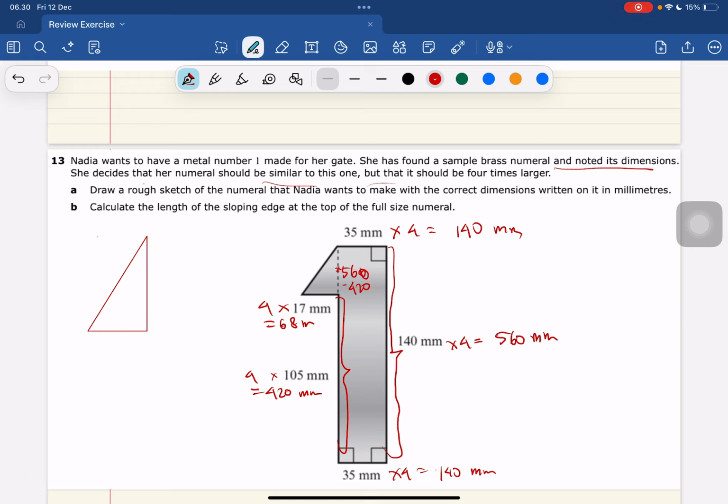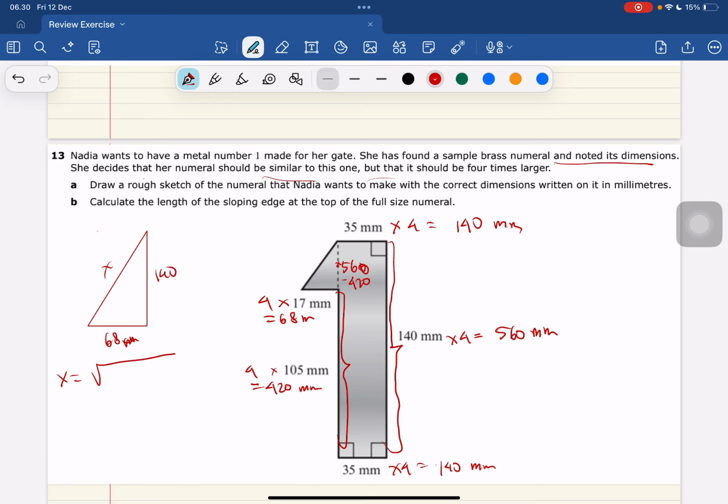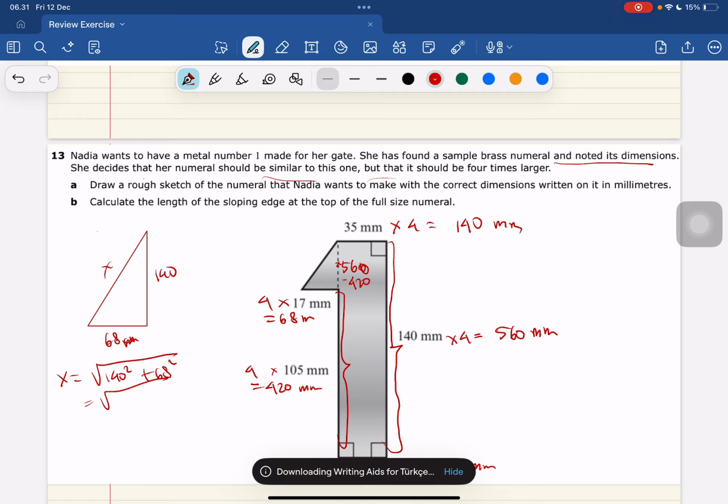This is 68 millimeters. If this is 560, we minus 420, so it's 140. Let's call it x. So x equals the square root of 140 squared plus 68 squared. 140 squared is 19,600, plus 68 squared is 4,624.